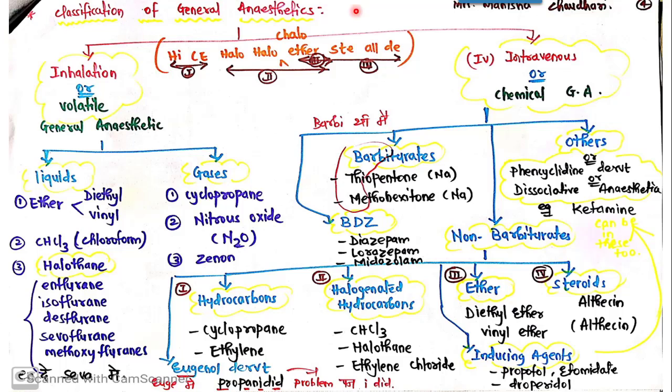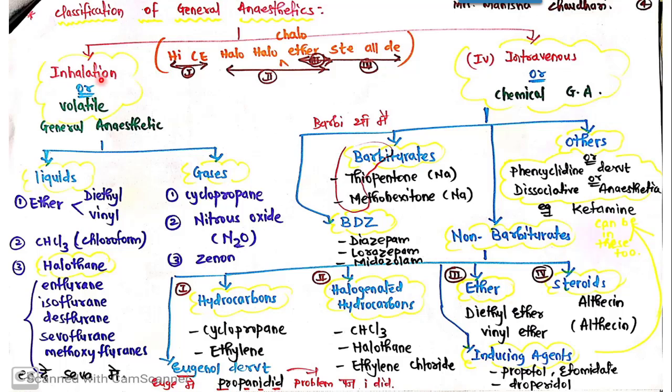Now, coming towards the classification of general anesthetics, we need to remember this trick only for the non-barbiturate class, because the other examples are as simple as you can easily remember. To start with, the classification has two major classes.